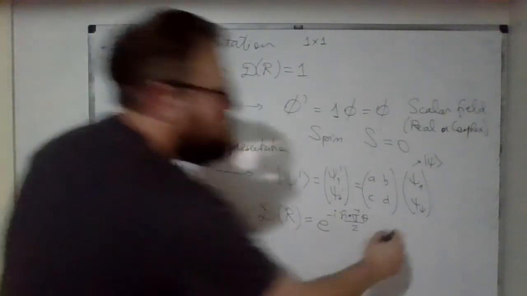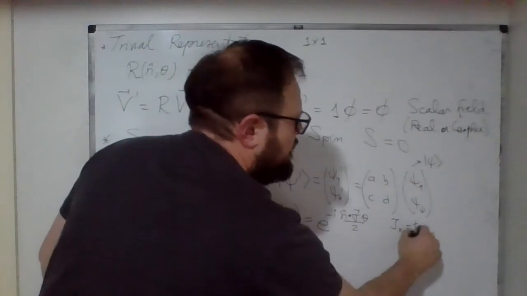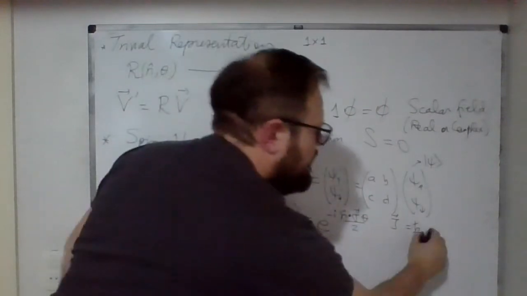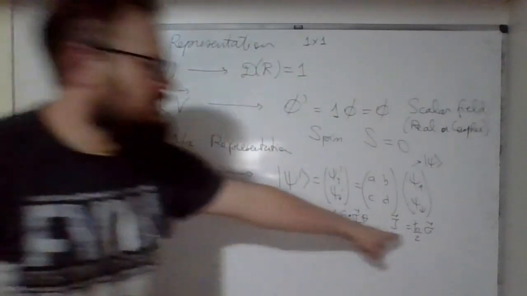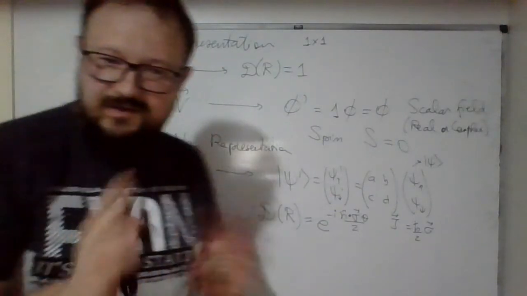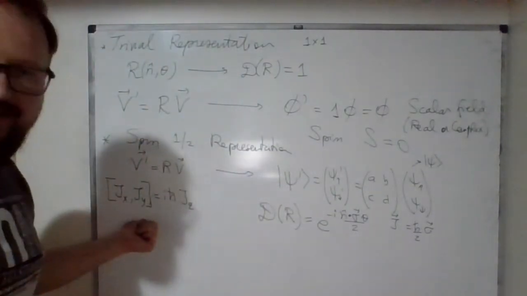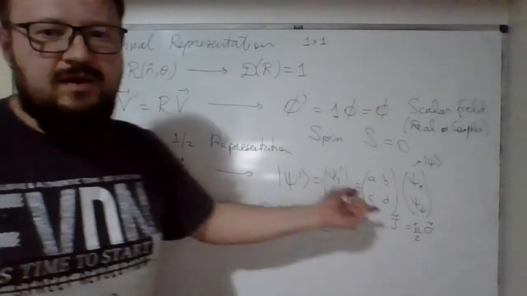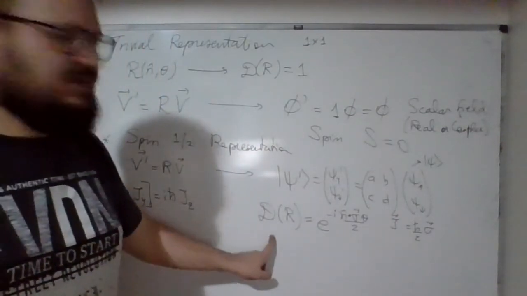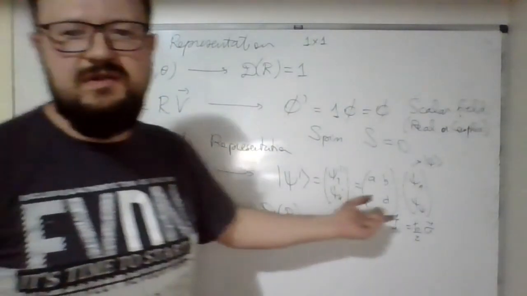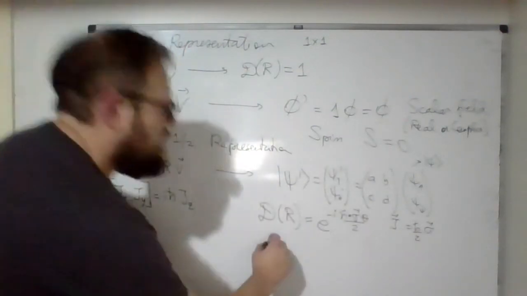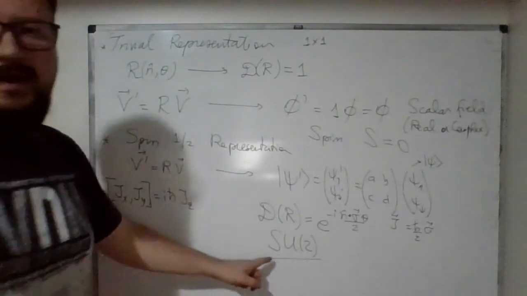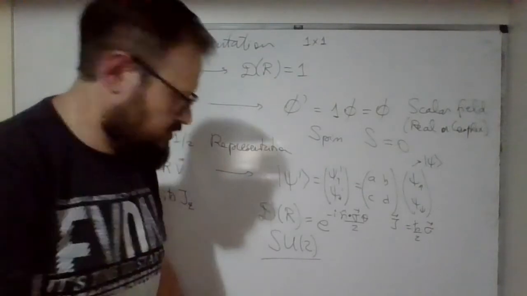The algebra here, if you define h bar over 2 times sigma, they are matrices but represented as a vector, the algebra of the sigmas just emulates the algebra of angular momentum. This is called the spin half representation. These matrices are unitary. They are special because the determinant is 1. And this group is called the SU(2) group.